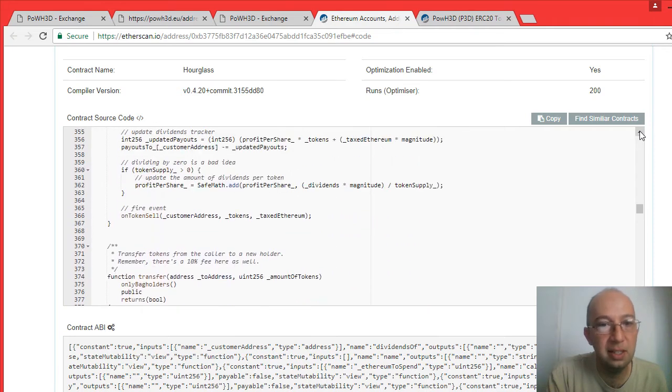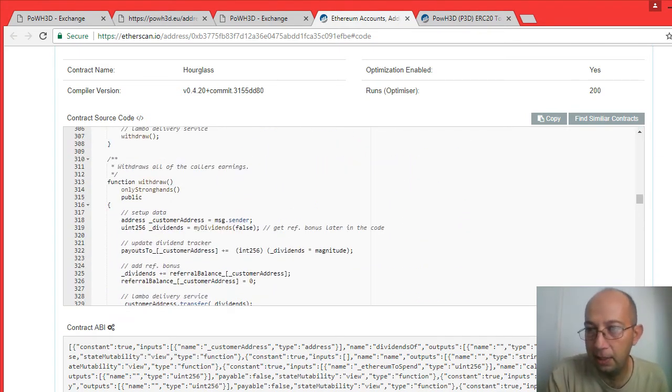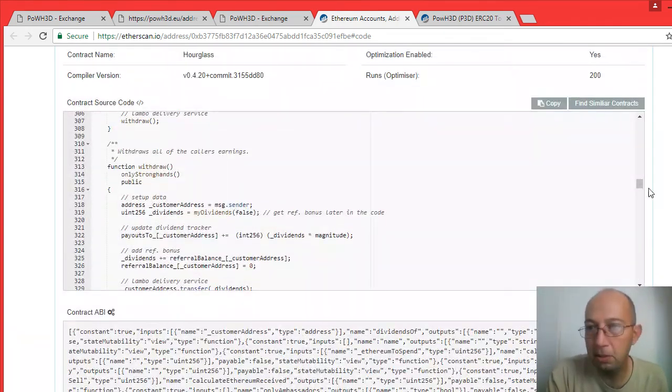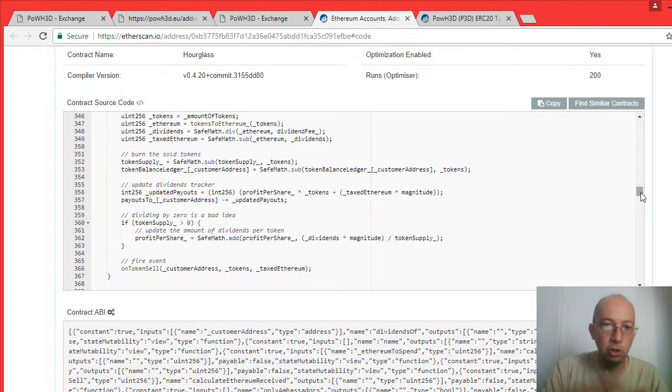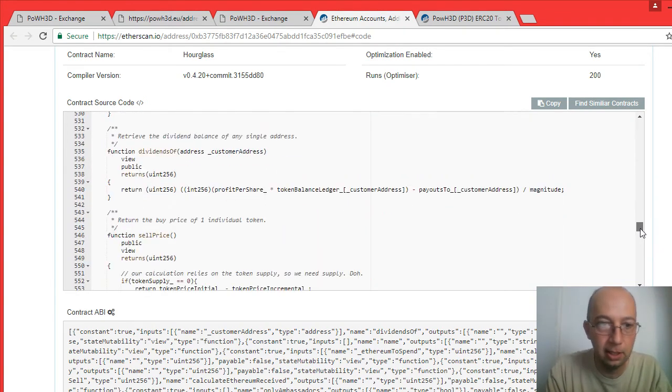And I spent a day going through every line of this code. But there's the code. That is what you're interacting with. Okay? There's no website. There's no crew. There's no owners. There's no tech support. There's no building, no server. This is it. This line of code, and all we're doing is interacting with this.